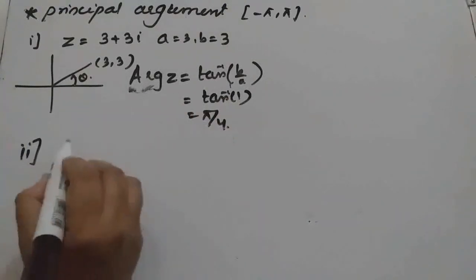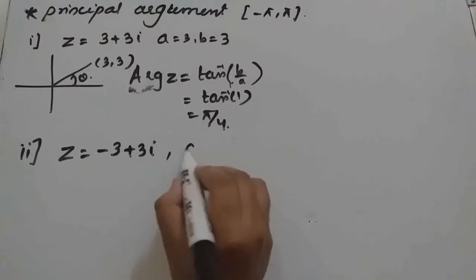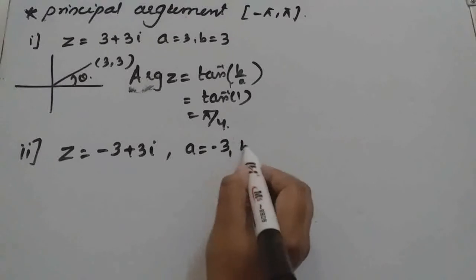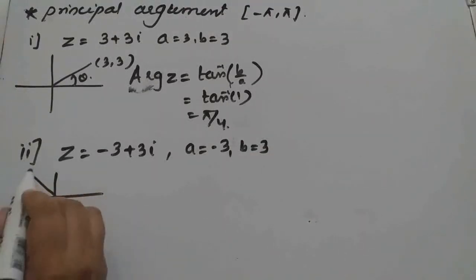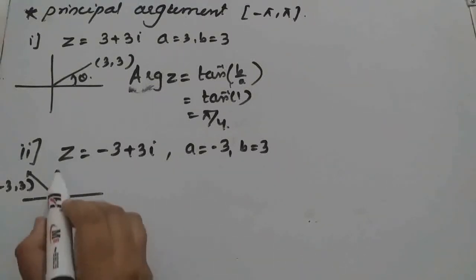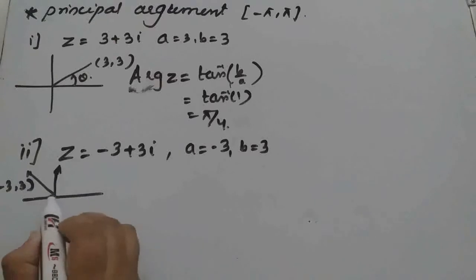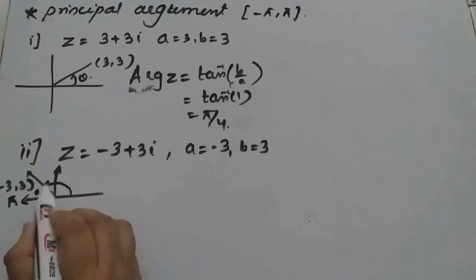For case 2, z is minus 3 plus 3i. That is, a is negative, b is positive. So if a is negative and b is positive, it means second quadrant. So if z is in the second quadrant, this we should find. So pi minus theta we will do here.